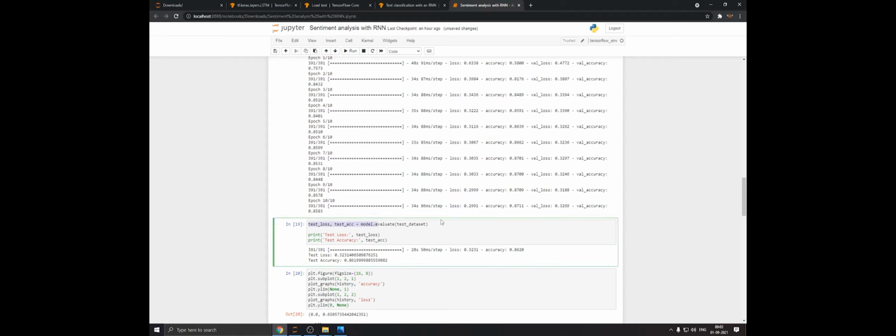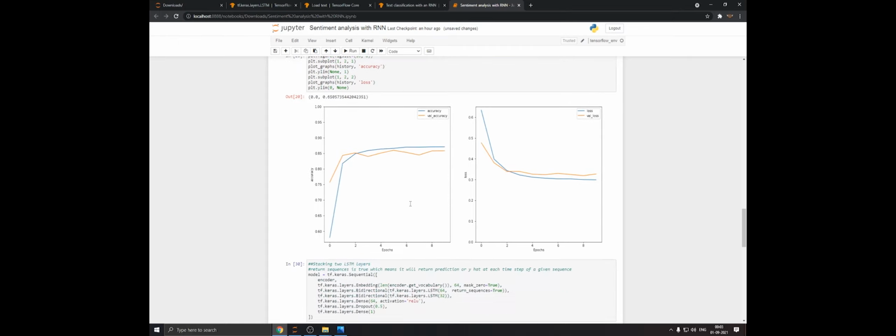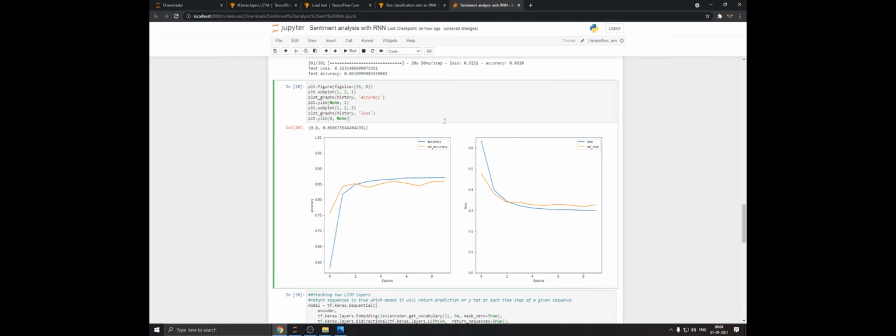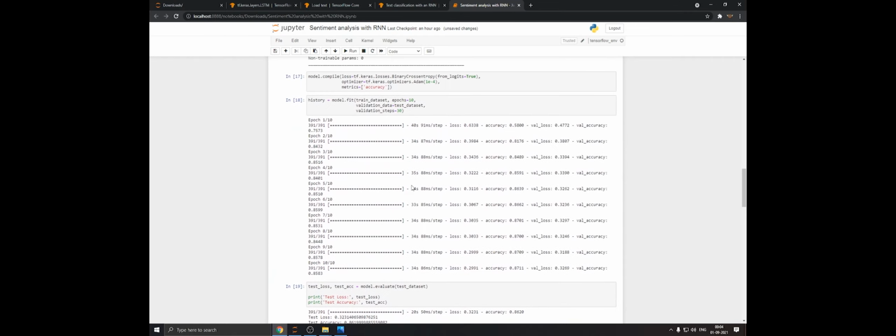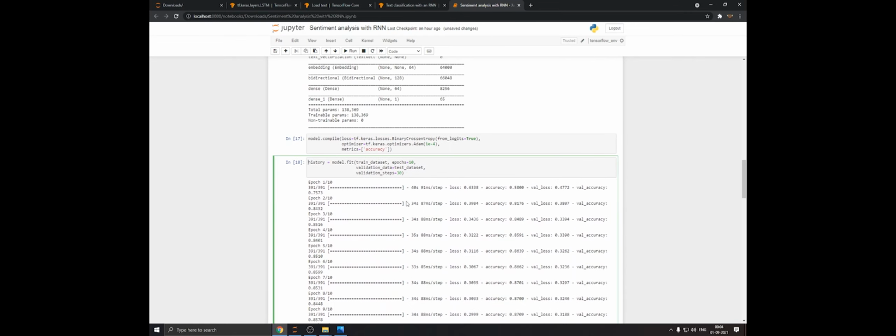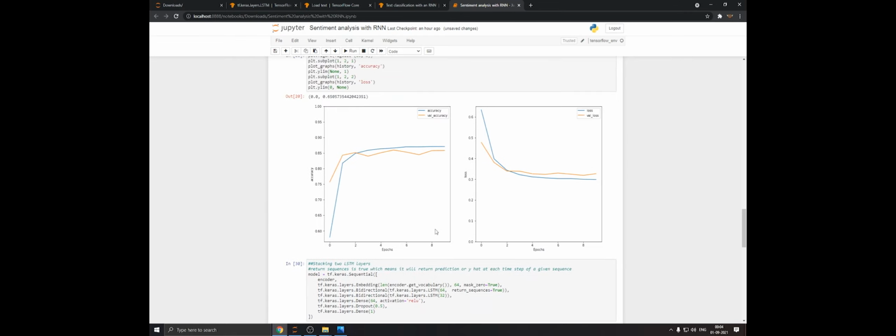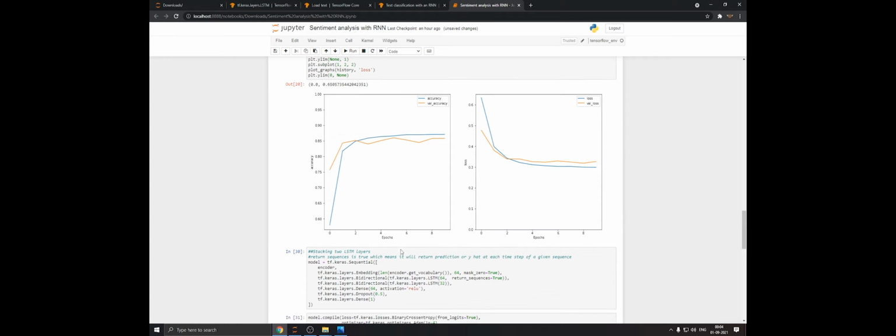Then we evaluate on the test dataset, and here we got just under 86%. Then we are plotting the history that we got from the model.fit function. As we can see, accuracy is increasing with the number of epochs and loss is decreasing.